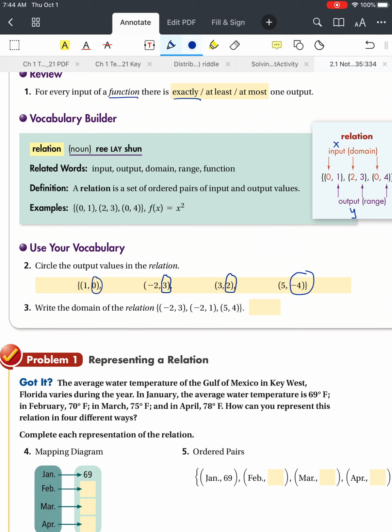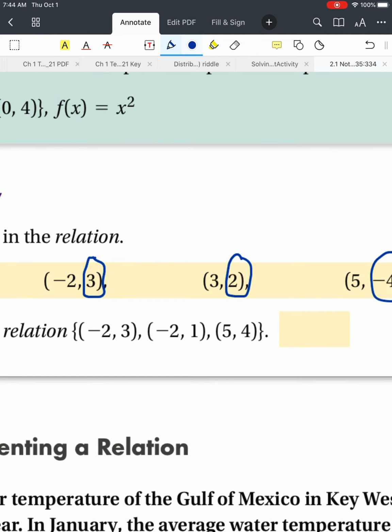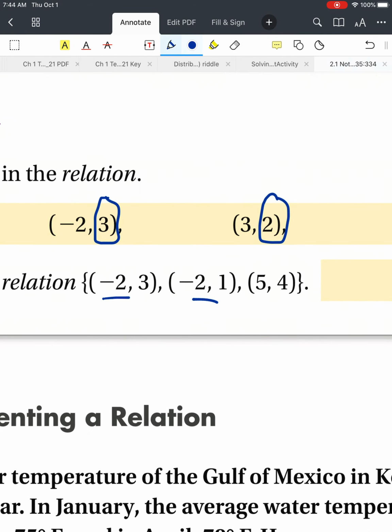Okay, write the domain of the relation. So the domain would then be, what do we have here? We have a -2 and 5. So because -2 gets repeated twice, we technically don't need to write it out twice. We just only write it out once. So when we do this, we actually use these curly brackets, you see these little curly brackets?